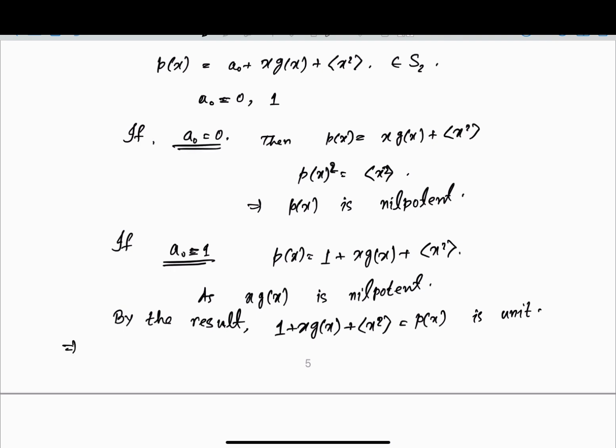So there does not exist any element which is neither nilpotent nor unit.